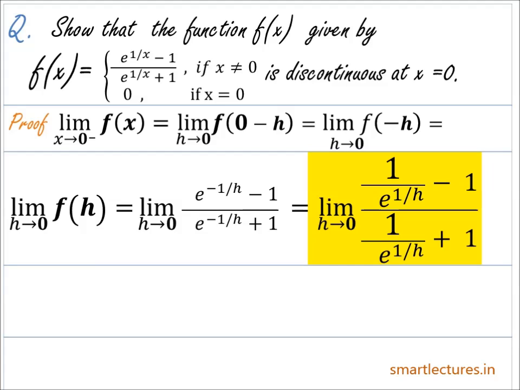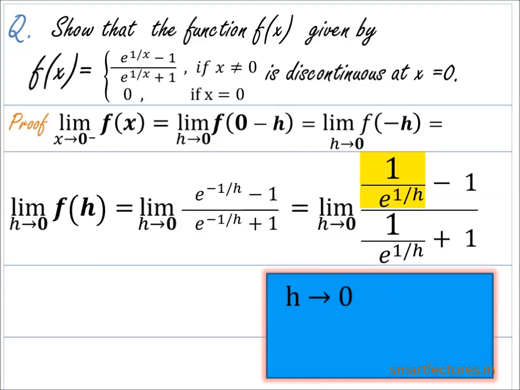Now, what will be the value of limit h approaches 0 1 upon e raised to the power 1 upon h? Now when h approaches 0, then 1 upon h will approach a very big number, or you can say infinity. And e raised to the power infinity is also equal to infinity.